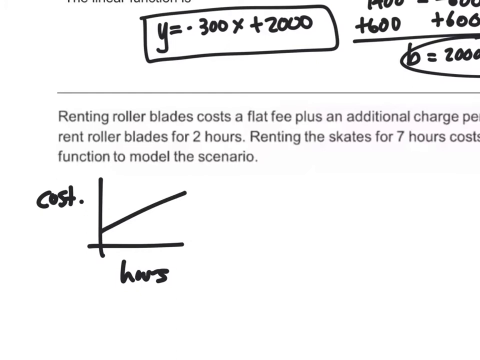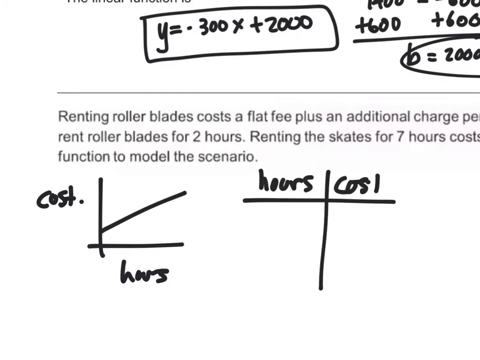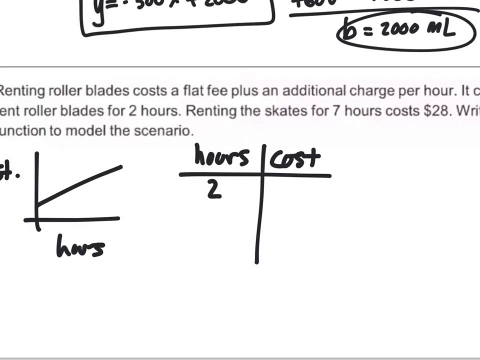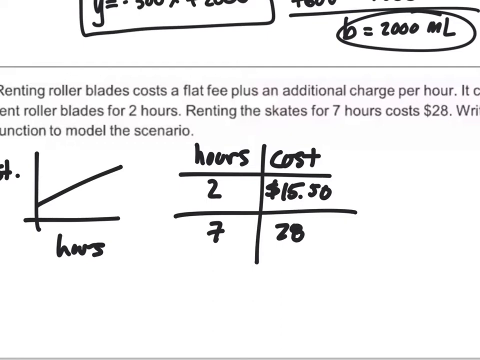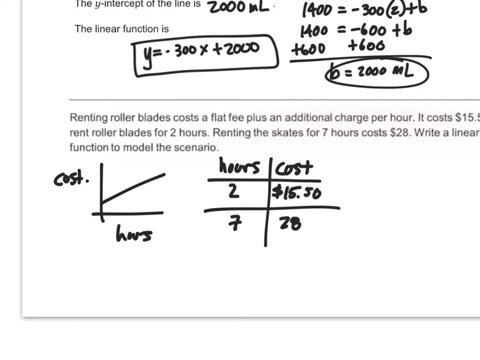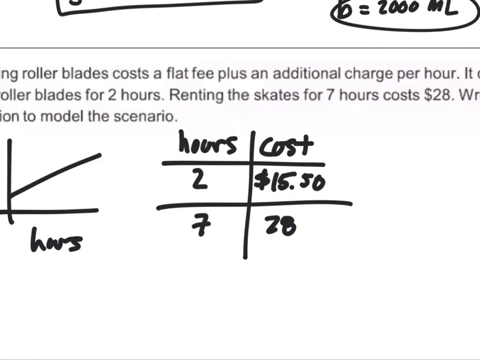So if we make a table here, hours and then cost, after 2 hours it's going to cost me $15.50, and then after 7 hours, it's going to give me a cost of $28. So what I need to do is calculate my slope, m.